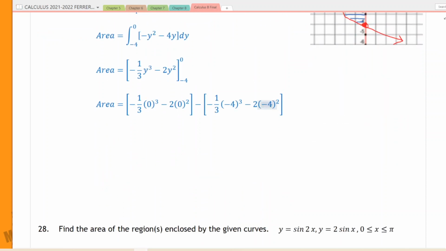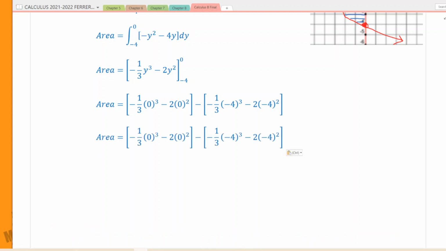Okay. Let's take this and we'll evaluate all of the exponents. 0 cubed is 0. 0 squared is also 0. Negative 4 cubed is negative 64. Negative 4 squared is 16. Now we'll do some multiplication. All the zeros, of course, will multiply to make a 0.